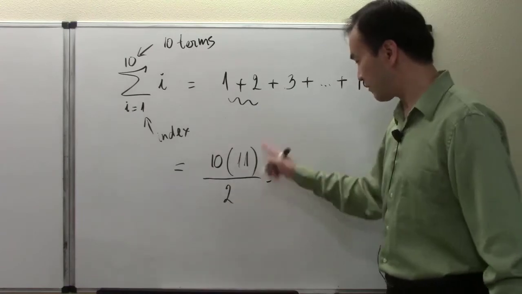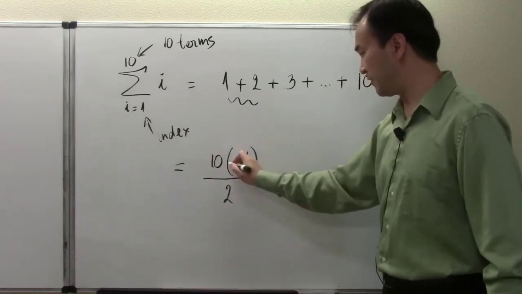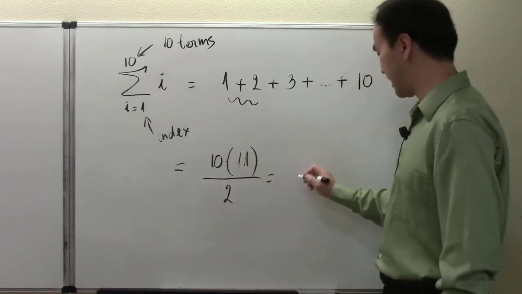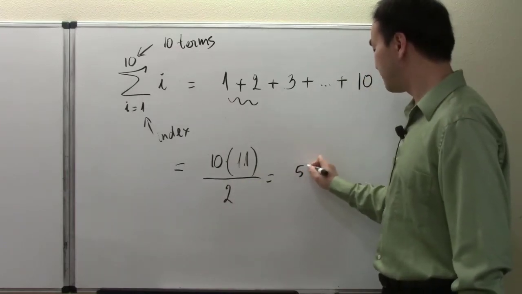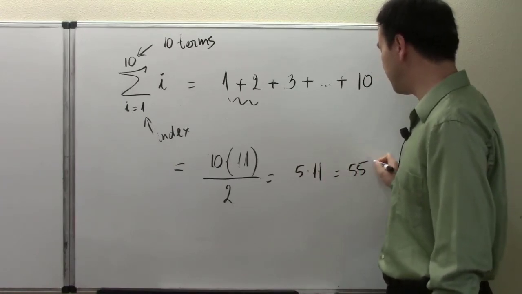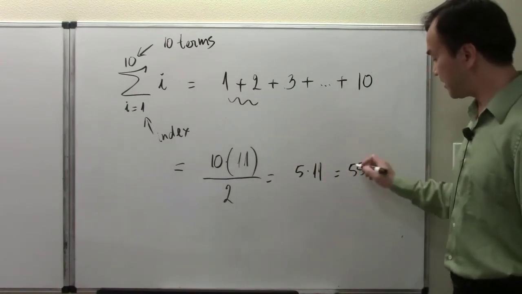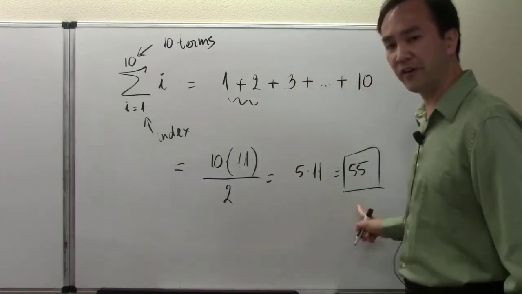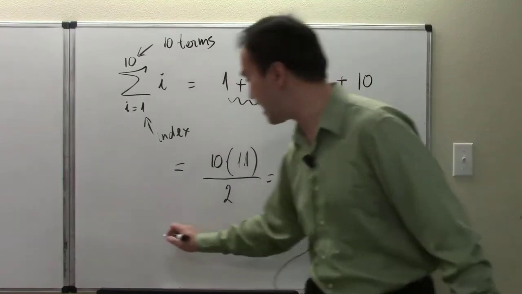With this work, 10 can quickly cancel with that 2 right here, and that gives me 5 times 11, and 5 times 11 turns out to be 55. So 55.